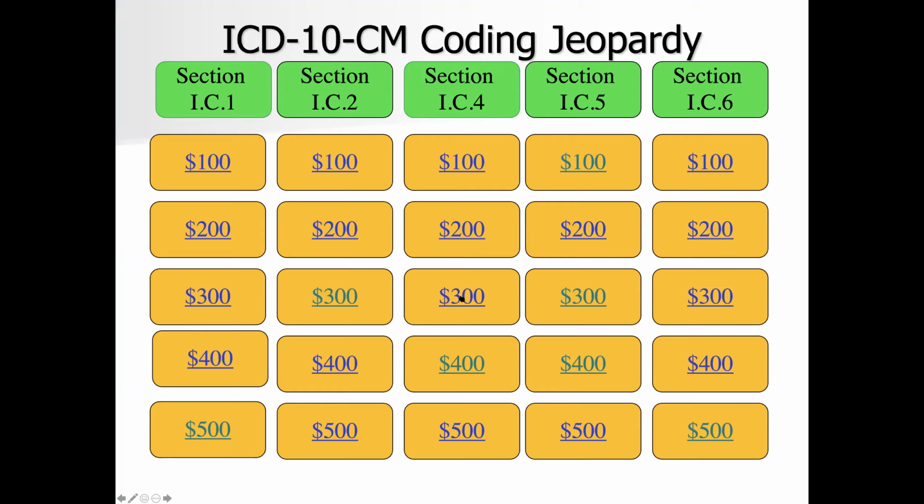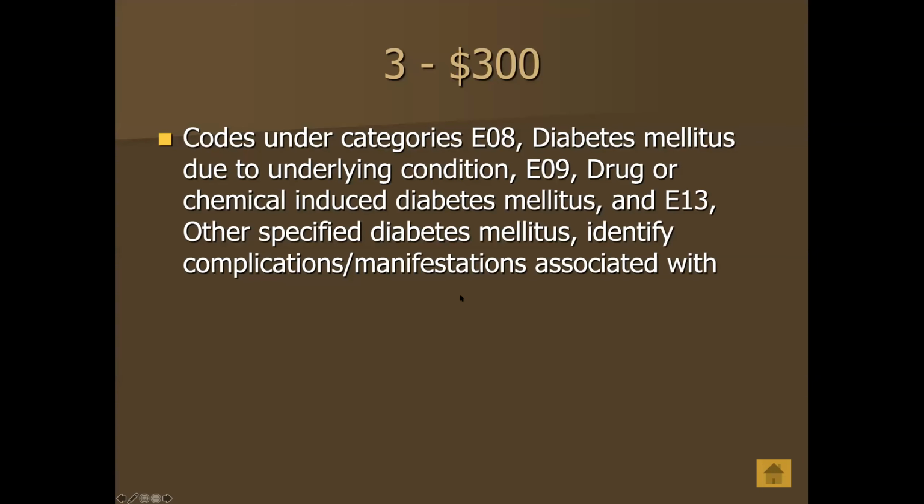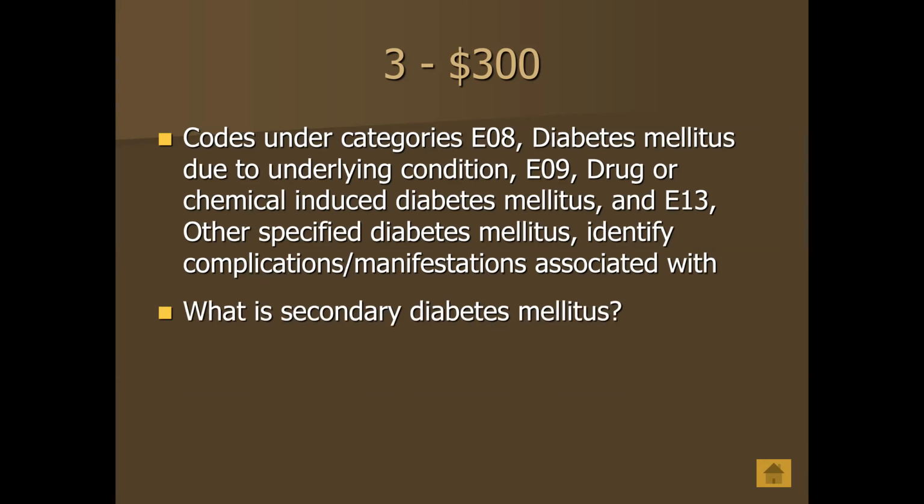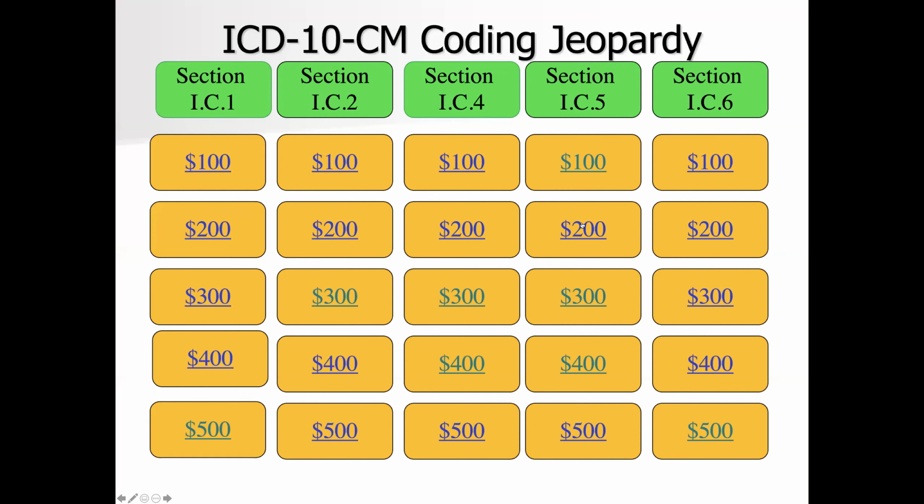Codes under categories E08, diabetes mellitus due to underlying condition, E09, drug or chemical-induced diabetes mellitus, and E13, other specified diabetes mellitus, identify complications and manifestations associated with... What is secondary diabetes mellitus? That is correct.